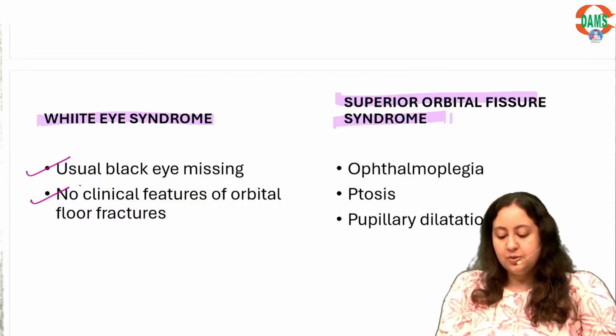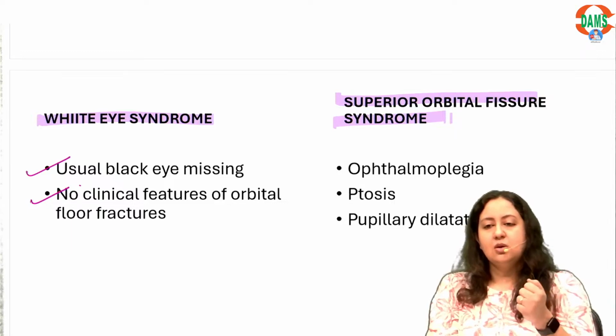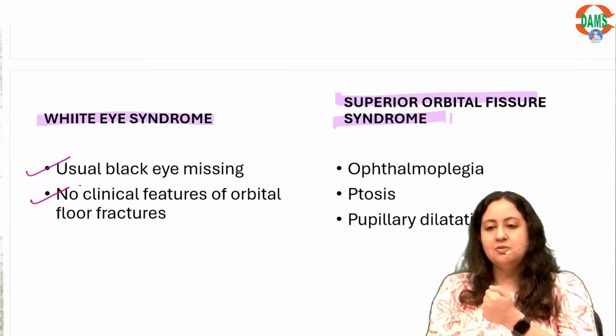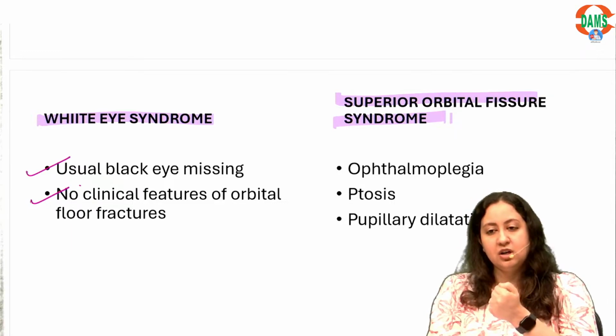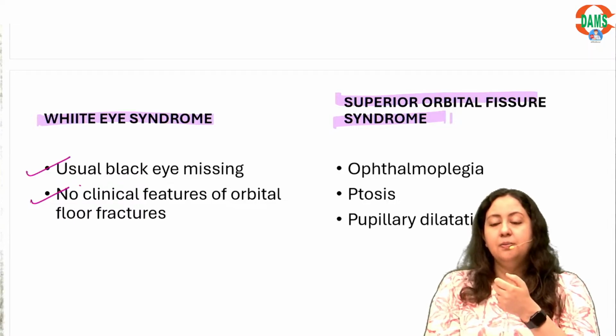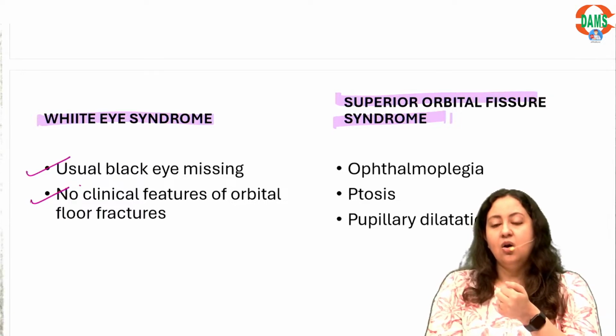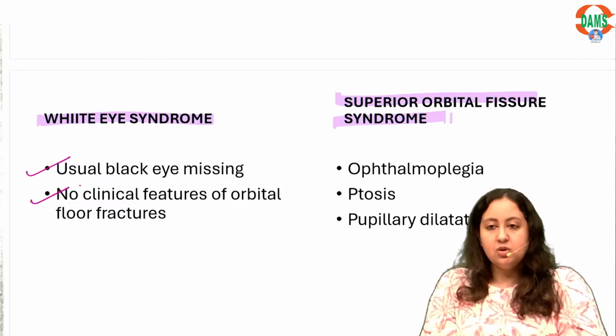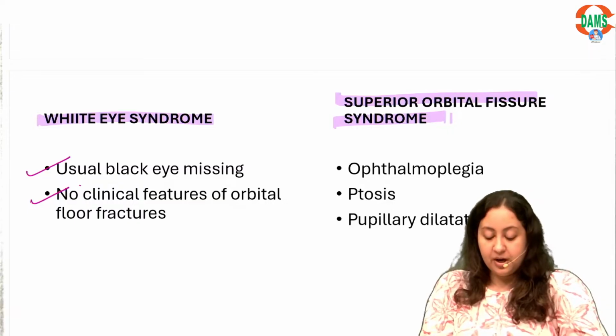And what is superior orbital fissure syndrome? This is also a sequela of trauma, especially when the contents of the superior orbital fissure are crushed, or there has been injury to the contents of the superior orbital fissure.